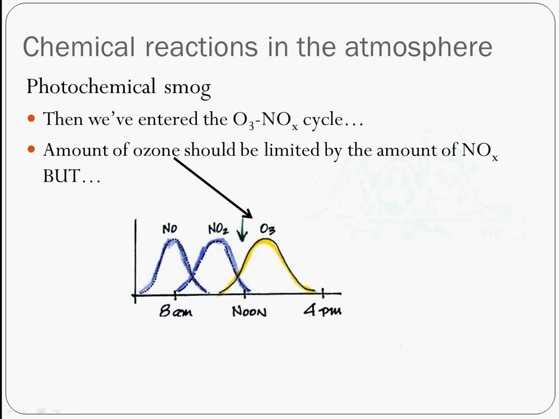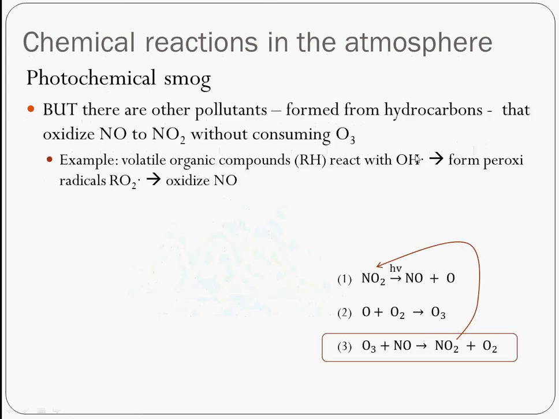Okay, so ultimately the amount of ozone in the atmosphere should be limited by the amount of nitrogen oxides. But we also have these other things going on. So it's not just these three compounds in the air. Fossil fuel combustion or incomplete fossil fuel combustion also forms these other sort of hydrocarbon fragments and also these reactive radicals. You remember earlier we talked about how ozone can react to form a hydroxyl radical.